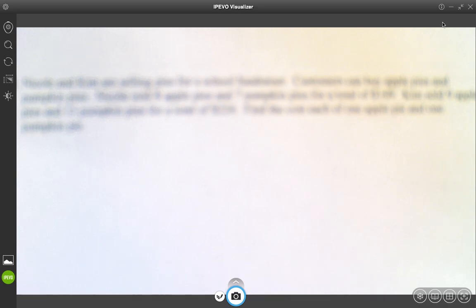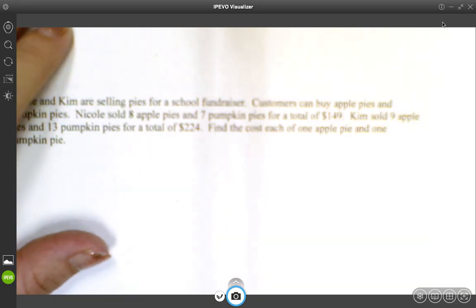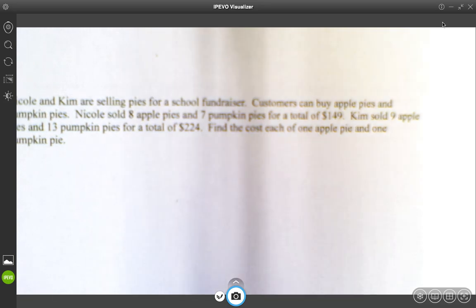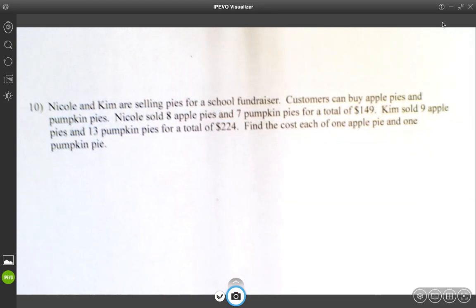All right, focus. Why won't this focus? All right, this is frustrating. All right, does that help? Can you guys see that a little better? Obviously, I can adjust it, but is that better than what it was?